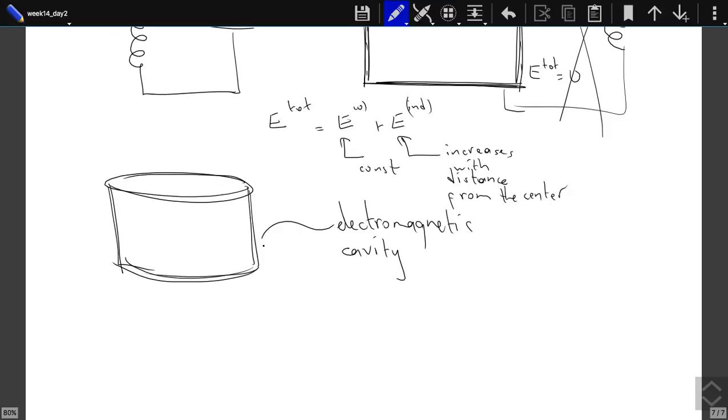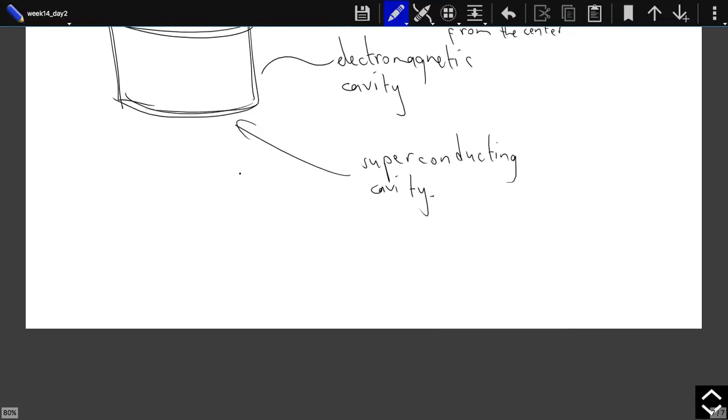And you can even build this from a superconductor. And then just build one of these. And then you can build some accelerators.